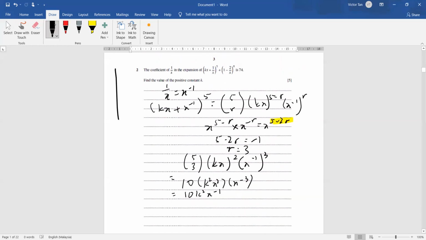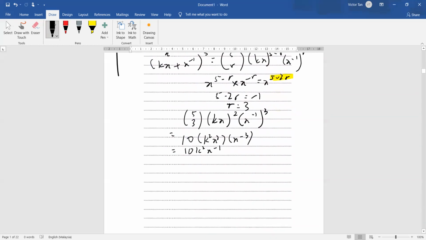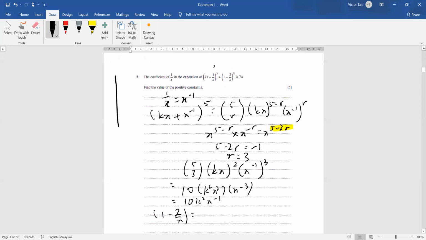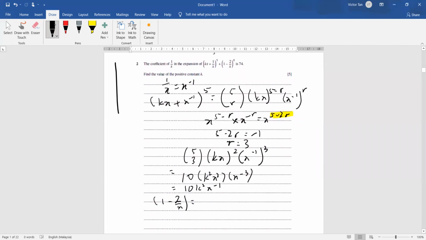Now the other term is quite direct. 1 minus 2 over x, to the power 8. This will be the second term. It's in ascending power. So the second term will be 8C1 times minus 2 over x. So this is minus 16x to the power negative 1.